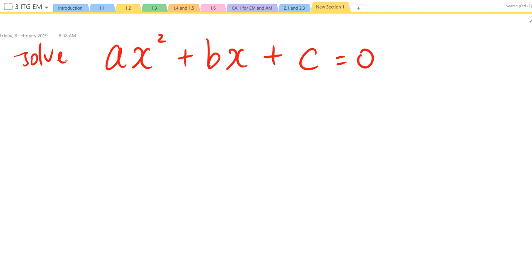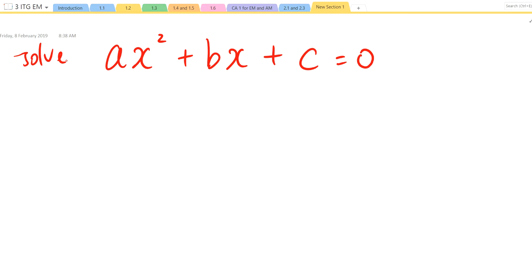What should I do? Can I complete the square? Yes, I can complete the square. What is the first step that I told you for completing the square? Check that the coefficient of x squared is 1. What do I have for the coefficient of x squared? What should I do now? Divide by a.